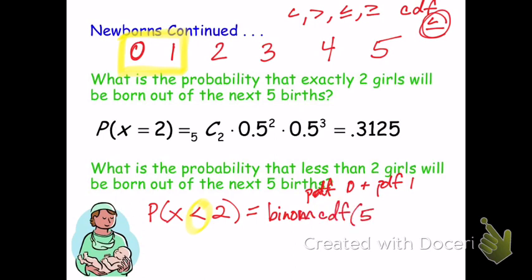I still have 5 trials. I still have 0.5 as my probability. And the number that goes here, this X value, is always the top part of your range. So when I put a 1 here, it includes the probability of 1 and everything below that. I put a 1 here, and I don't put a 2 because I don't want to include 2. So you could even write this as X is less than or equal to 1.